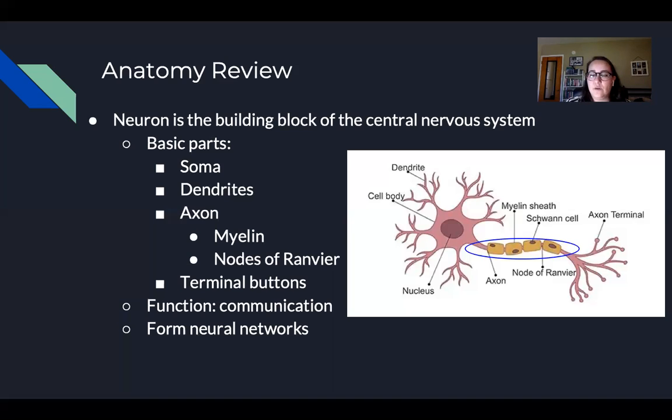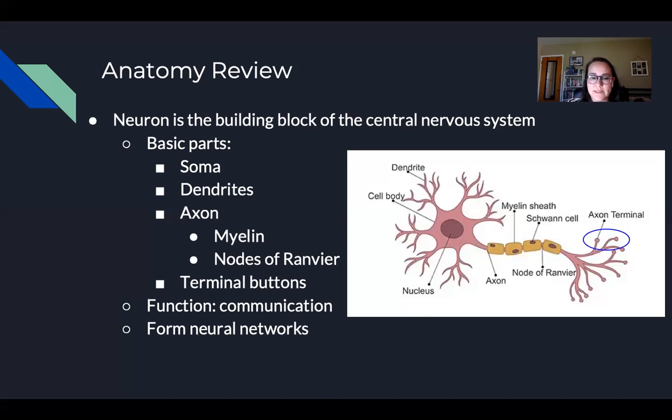And then we move on to the final structure that we'll talk about. And so this is the terminal buttons. These are the little knobby ends at the end of the branch-like extensions that come off of the axon.